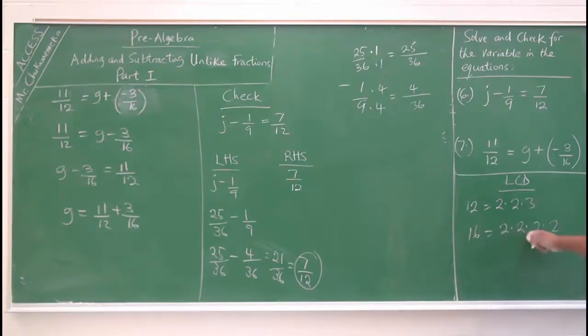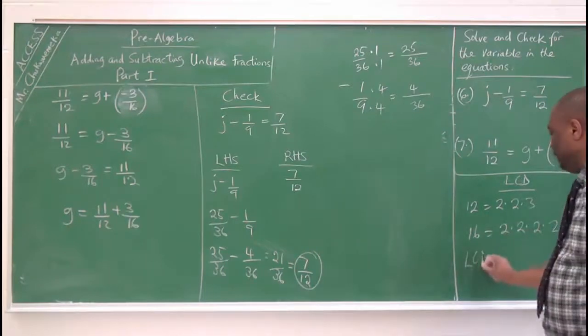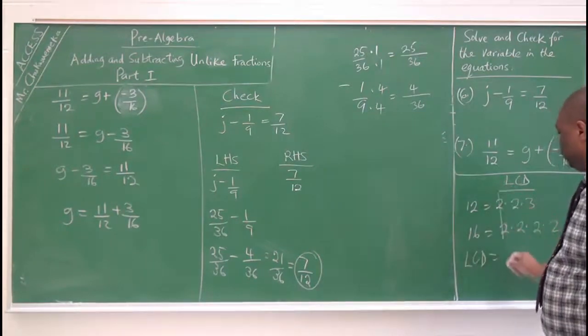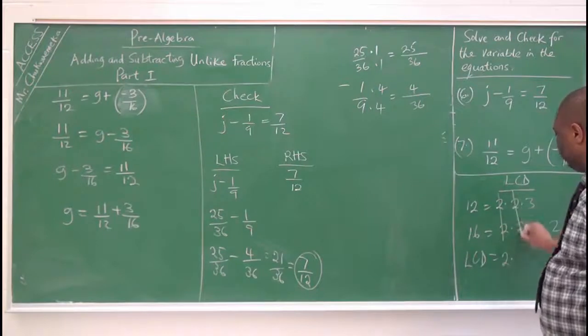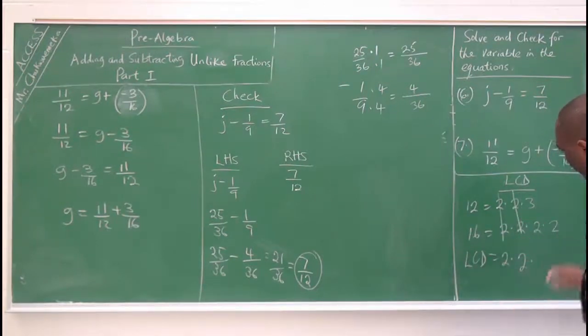So 2, 4, 8, 16. Okay? So the LCD will be, these 2 appear 2 times, call it 1 time, times, these 2, call it 1 time, times 3 times 2 times 2.